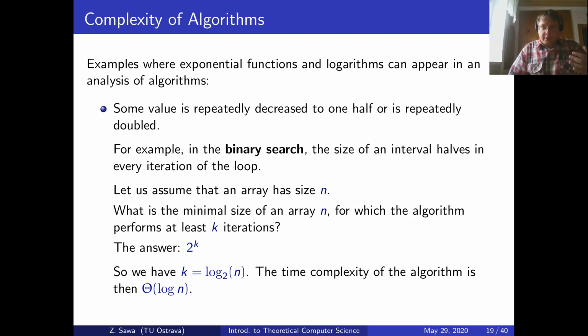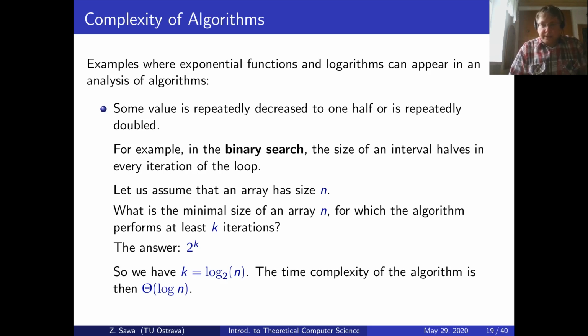So if we start with an interval of size n, how many iterations must we do to obtain an interval of size 1, which would correspond to the end of the search, where either we have found the element or have not found it.